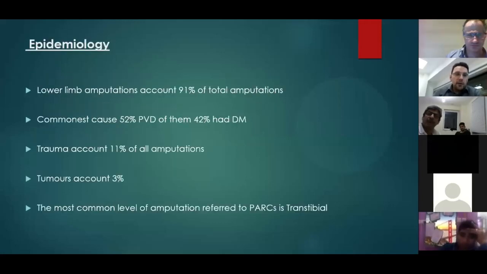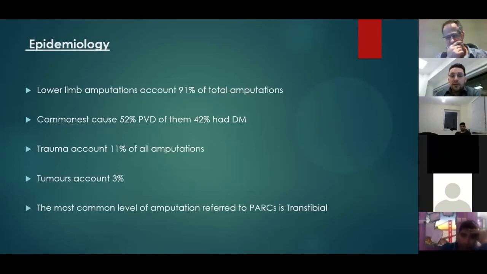This epidemiology slide, based on UK data, shows lower limb amputation represents 91% of total amputations. The common cause is peripheral vascular disease, 52%, and 42% of them have diabetes. Trauma, which is our topic today, accounts for 11% of the total numbers, and tumor about 3%.